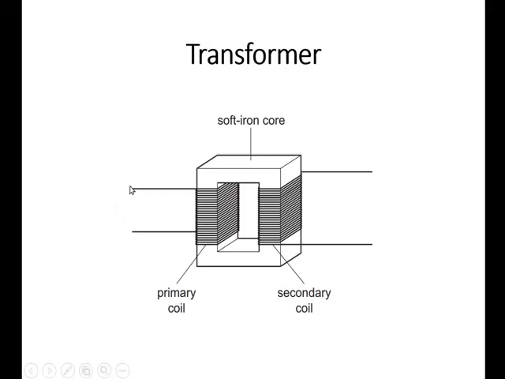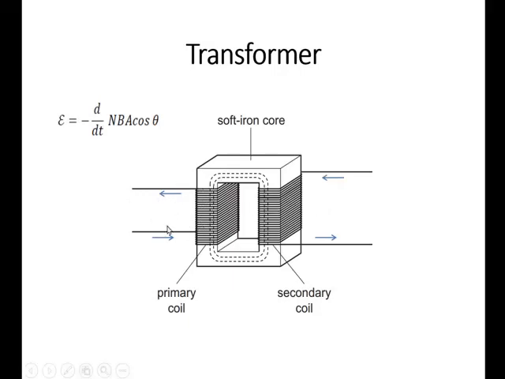So it looks like power is being transferred from here to this side, but they are not directly connected. The power is converted to magnetic field, and the magnetic field energy also converts to electric energy on the other side. So these are the basic operations of a transformer that can be explained using Faraday's law.